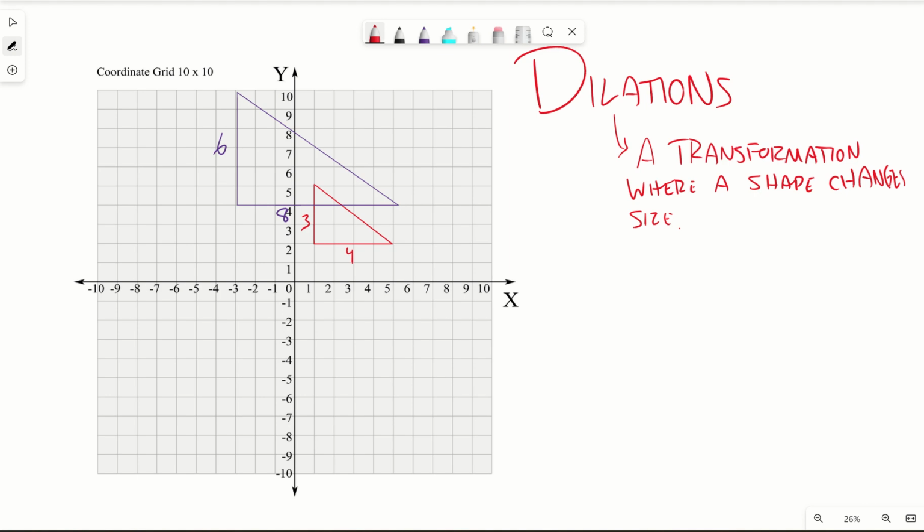It can either grow or shrink. It can either get bigger or it can get smaller. So every time we have a dilation, we're looking: did this shape grow the same or did it grow differently? We want to grow the same shape each time.